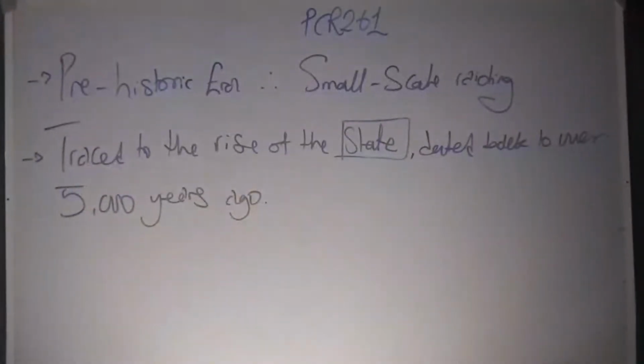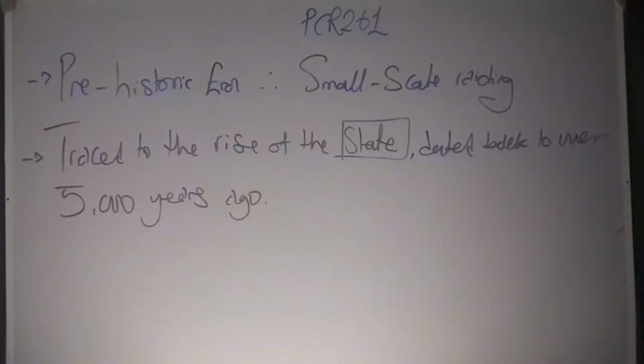Please, I'm taking my time because I want us to take note of all these dates. Very important. We need to take note of all these dates. Are we together?